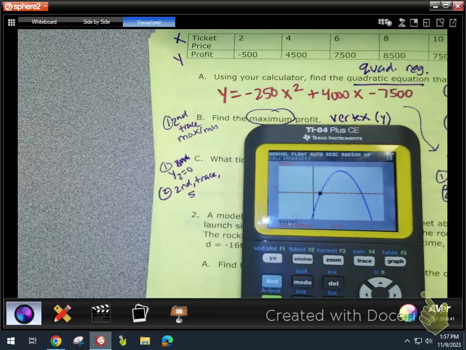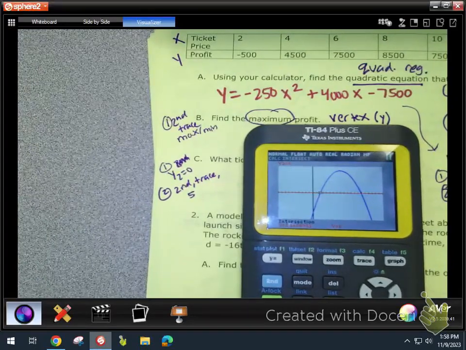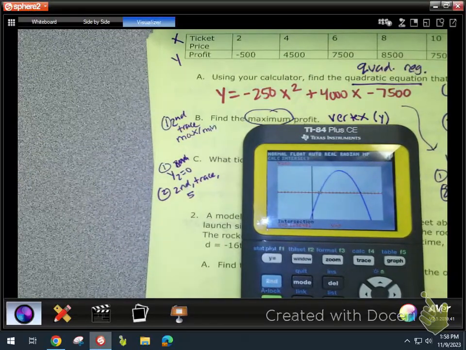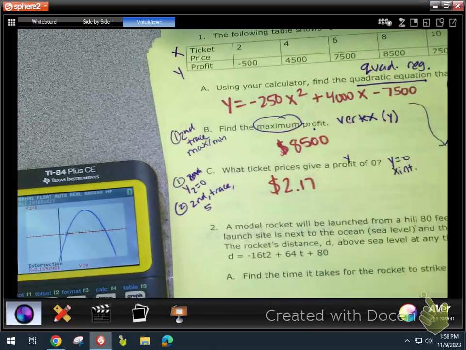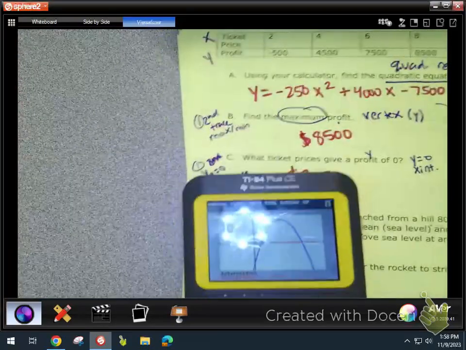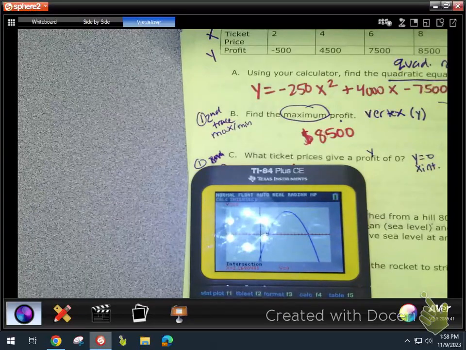Enter, enter, enter. And this is money, ticket price, so we should round to how many decimal places? 2. So 2.169 would be about 2.17.